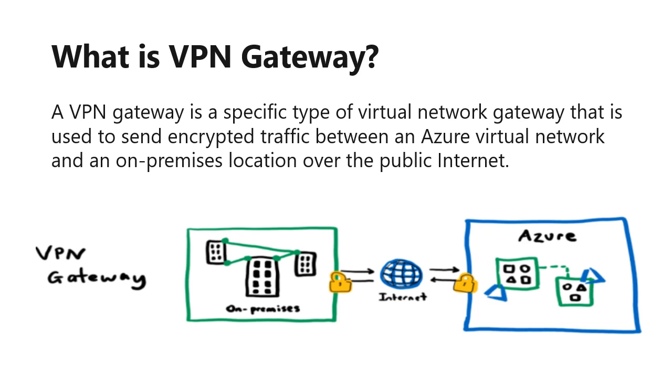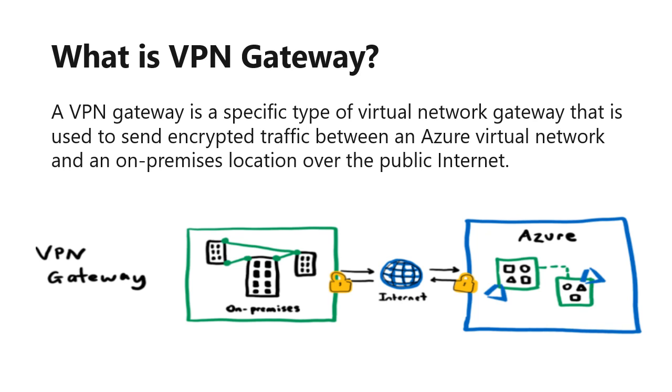As you can see here, this is your on-prem network, this is your Azure network, and you have a VPN gateway set up here on Azure, and here you will have a VPN device.